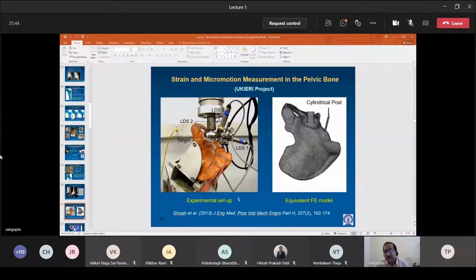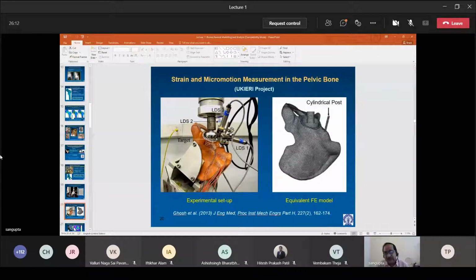So here you can see that for the pelvic bone also, we used strain rosettes on the surface of the bone, and a system of linear displacement sensors, LDS 1, 2, 3, which were mutually perpendicular, mutually orthogonal.